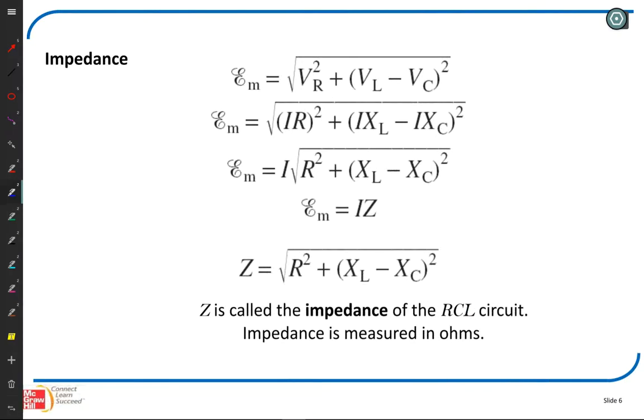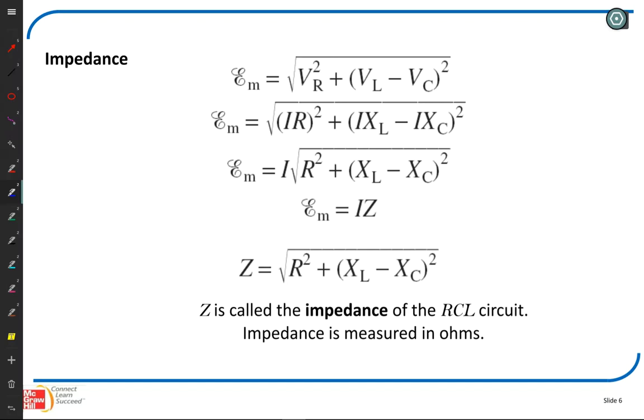Last thing before we look at the lab specifically is impedance. Now I talked about resistance. Resistance is physically resisting the charge going through, taking away energy as the charge goes through. Reactance is reacting to charge going through, storing energy and giving it back.